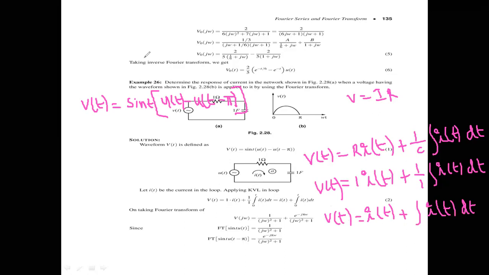Okay, my dear students. Now the V of t, right here it is sin t into mu of t minus mu of t minus pi.